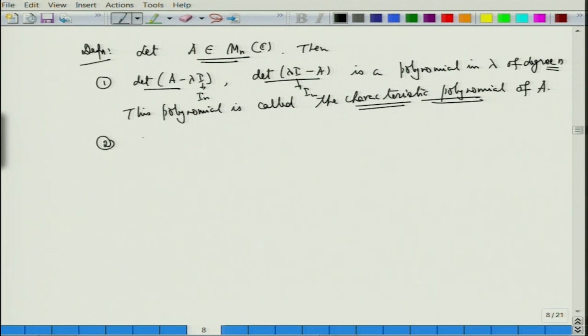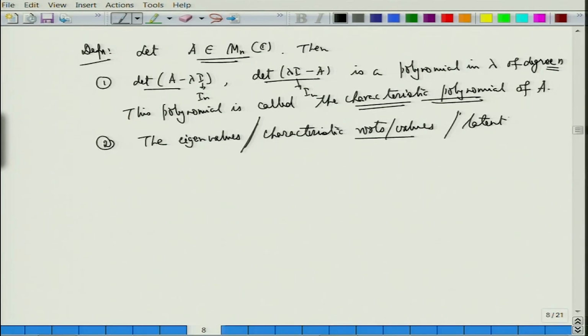So the eigenvalues, or characteristic roots or values, all right, or latent roots, are the roots of the characteristic polynomial.